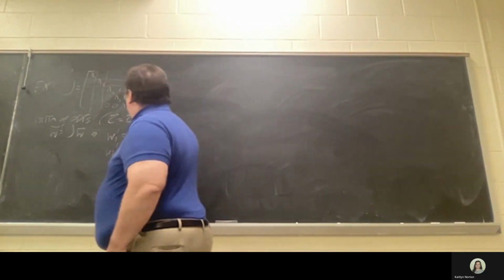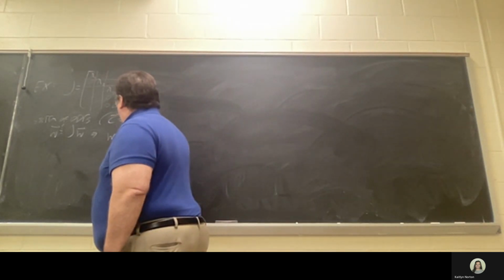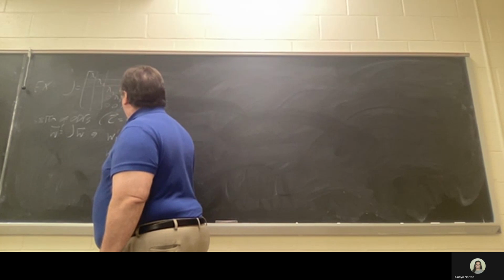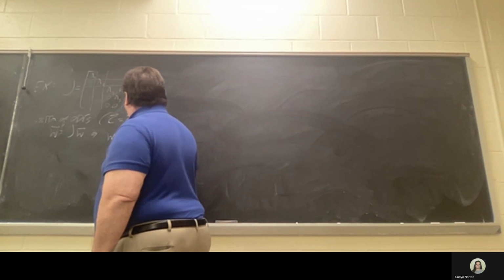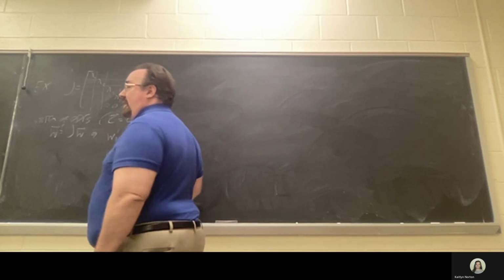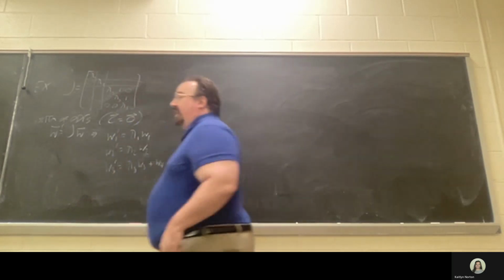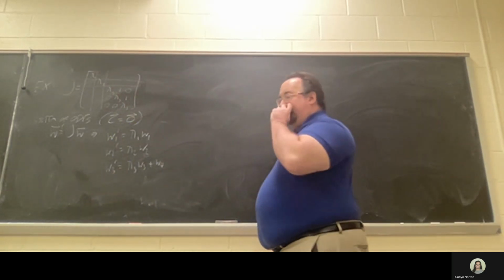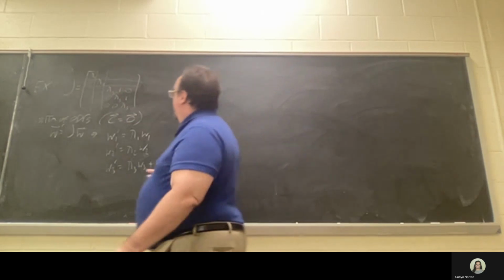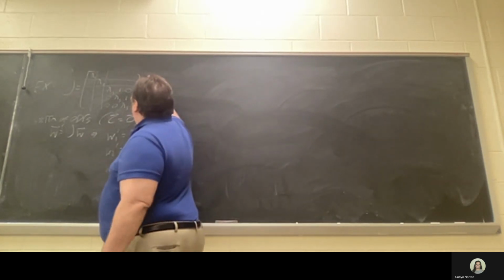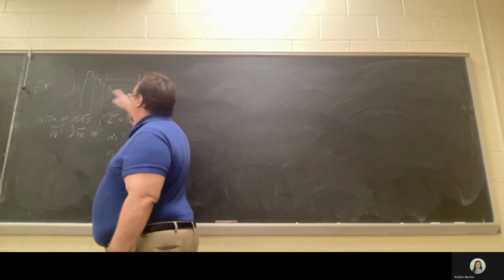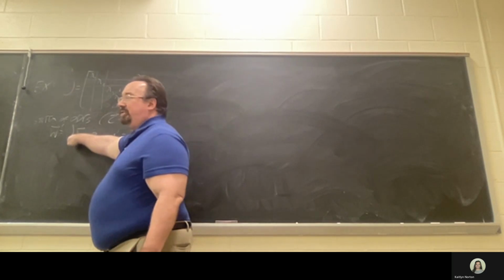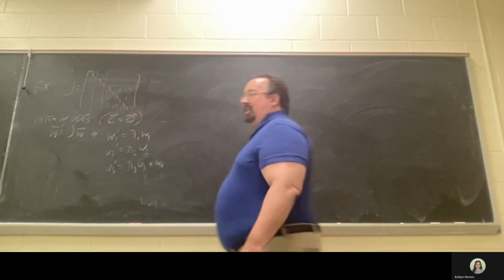Then we have W3 prime is equal to lambda 3 W3 plus W4. Okay, how I'm getting this: I'm imagining a vector here, W1, W2, W3, W4, W5, and doing the matrix vector product.